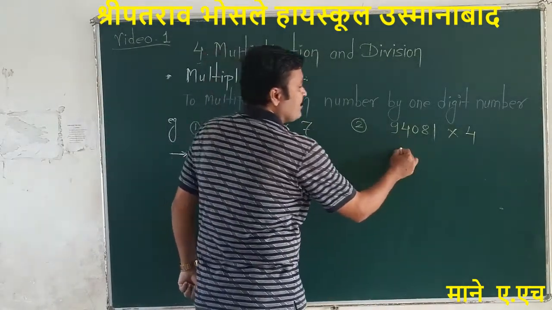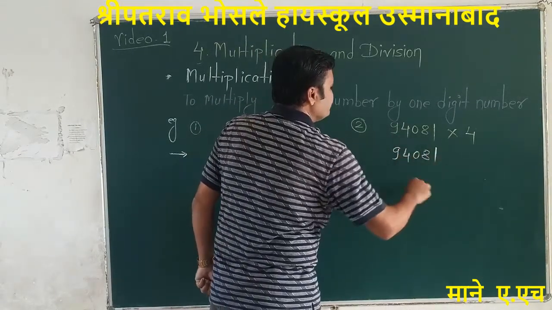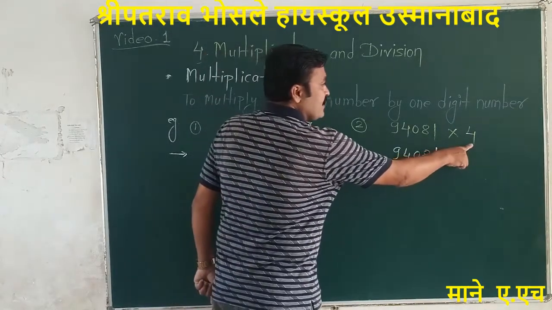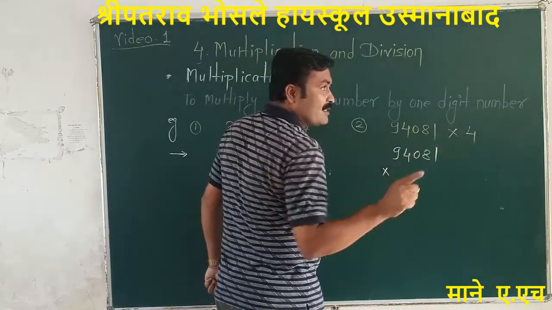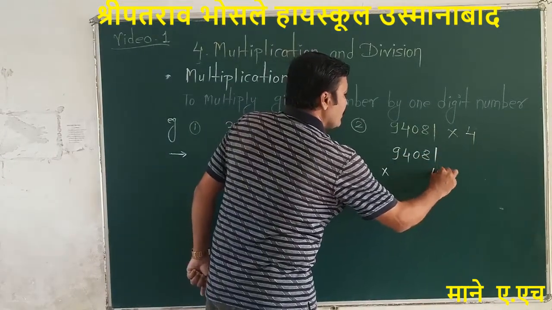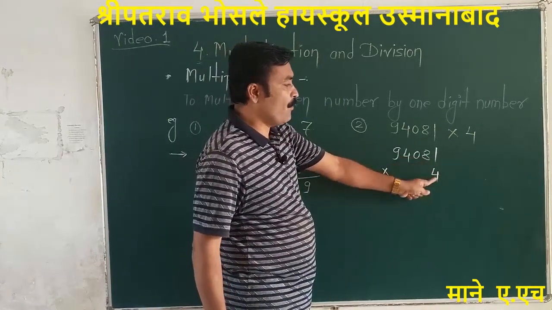First number we put down is 94,081. Then take the multiplication sign. Now this single digit 4 is in the ones place, the unit place, so we arrange 4 below the ones place, below the 1.